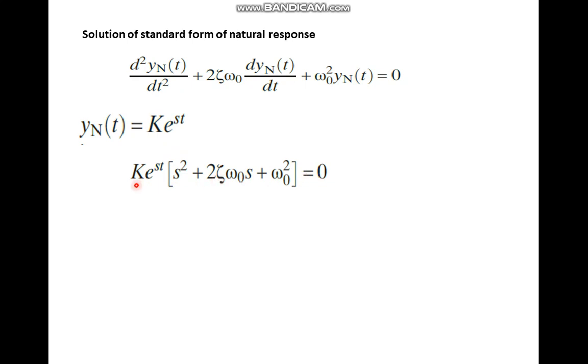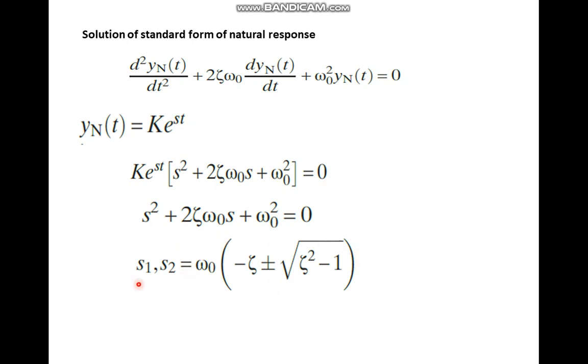Now, e raised to the power st cannot be equal to 0 for all t, and k cannot be equal to 0 as well. So we get the characteristic equation as this. Now, solving this equation by use of the quadratic formula, we get the roots of the characteristic equation shown here.